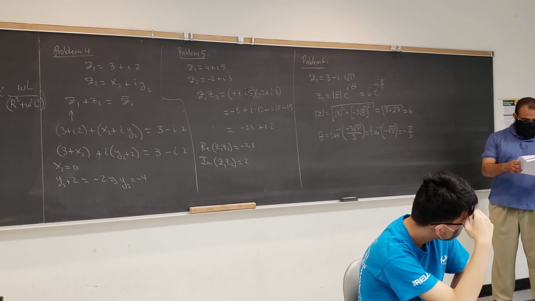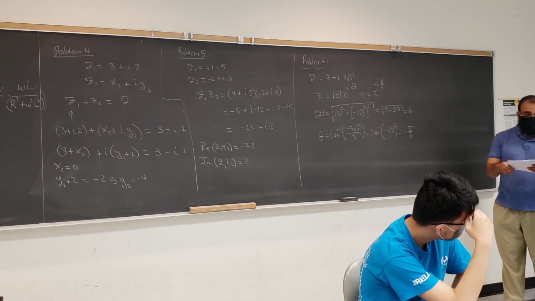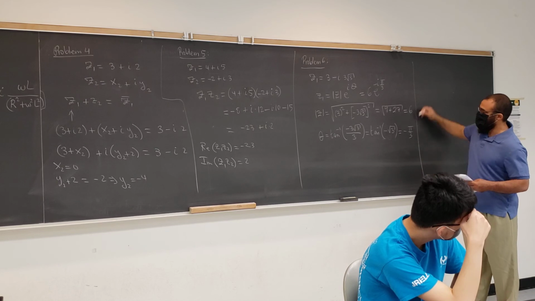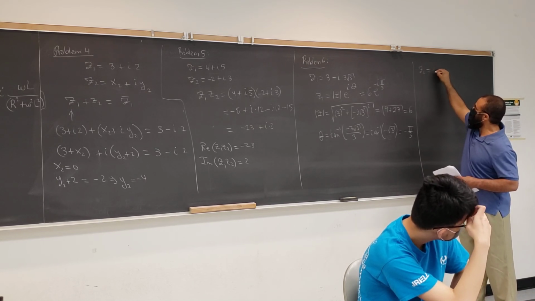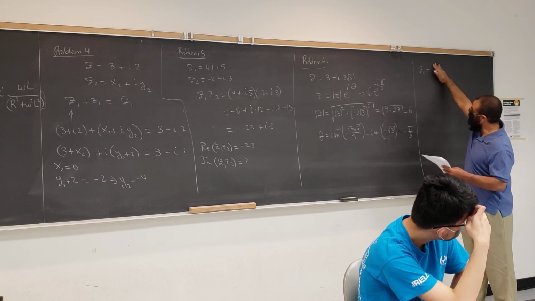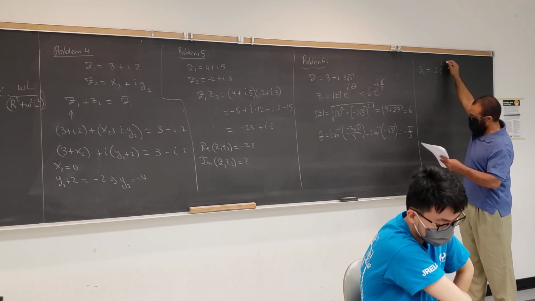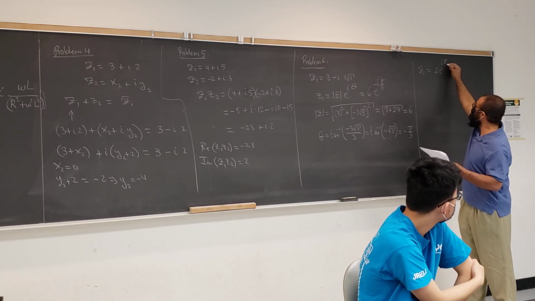Part B. With part B, I think we did something similar to this. So for part B, you're given a number z2 is equal to 2e to the I times pi over 3.